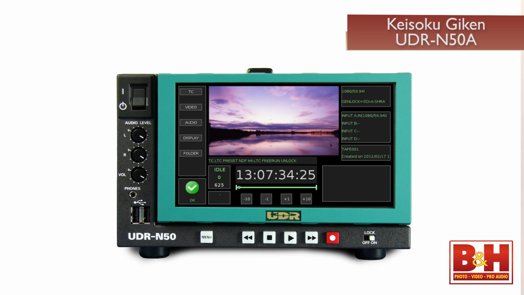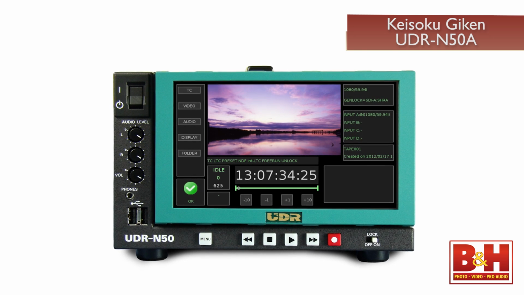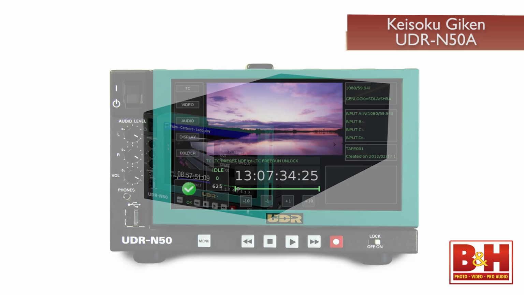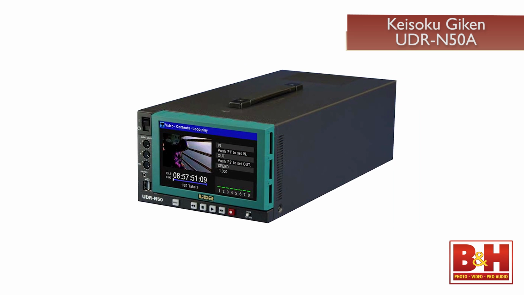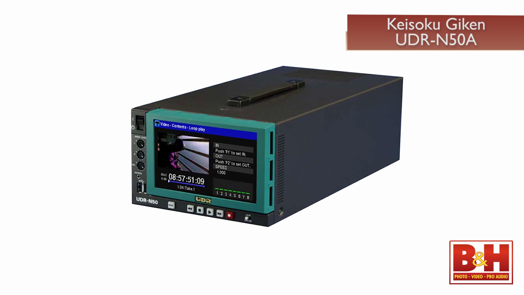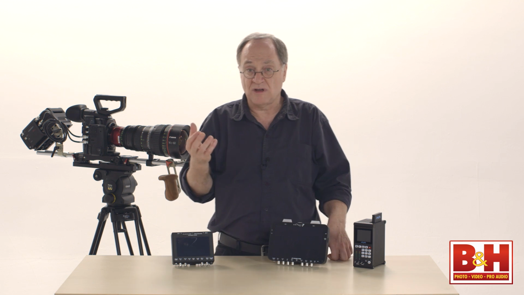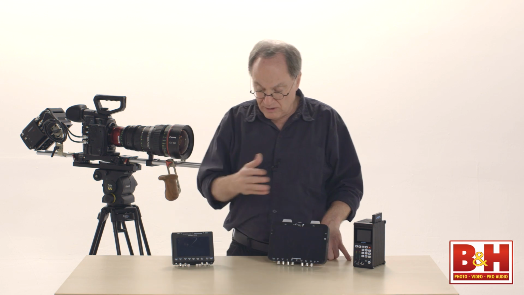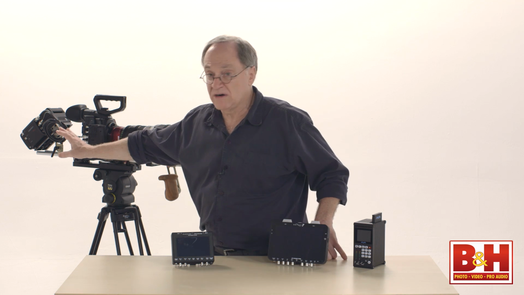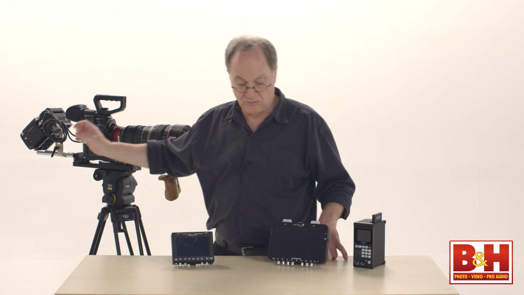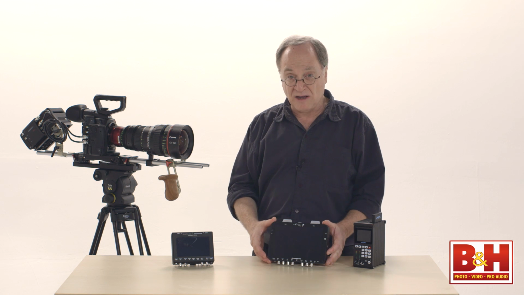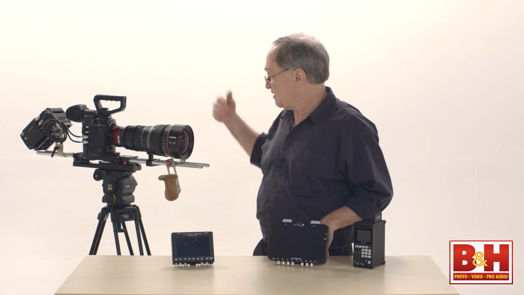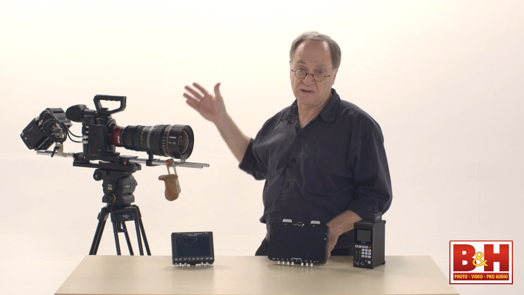Now, Keisoku Gaiken is making a product called a UDR N50A. I haven't seen that either, but that's in the works, and that also is small, compact, and it records uncompressed 4K. All of these could be attached to the rear on rods behind the C500. Because this is a monitor, the Odyssey, it could be attached in front, so there are many possibilities.